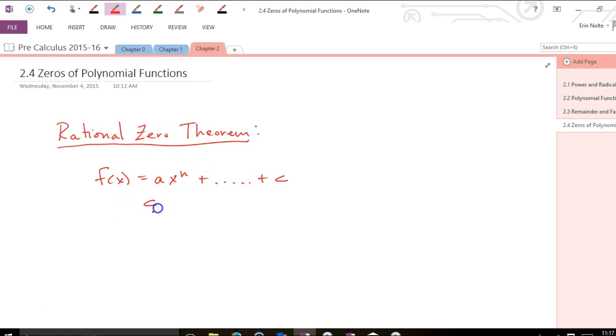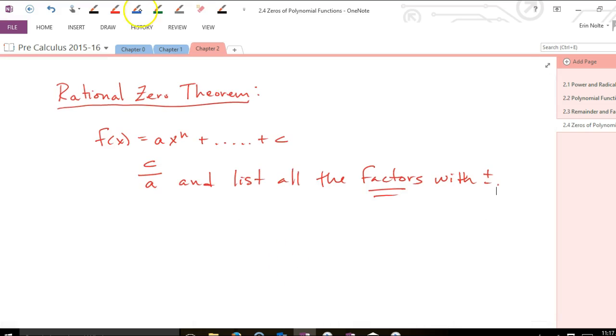So we're going to have the c over the a, and then all the factors with plus or minus. Okay, so let me do an example so you can make sense of that.